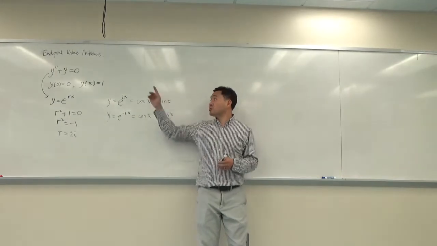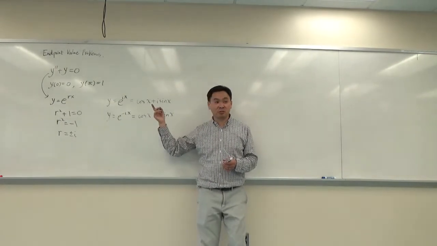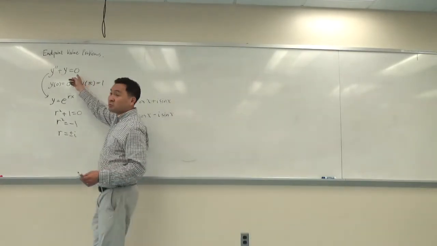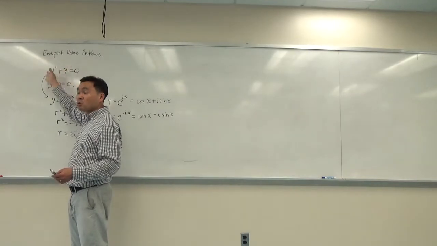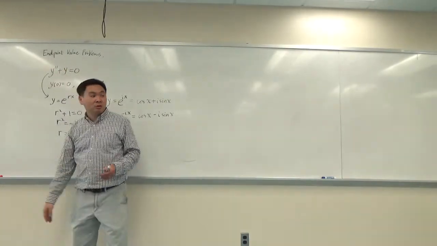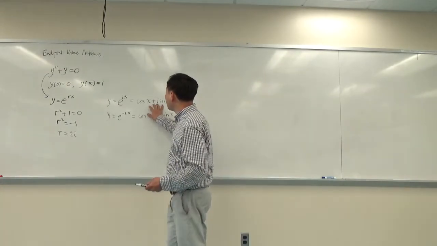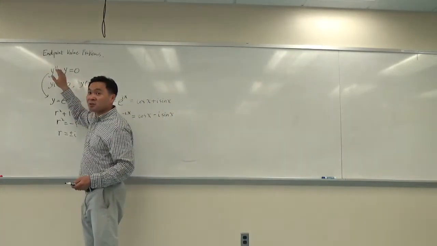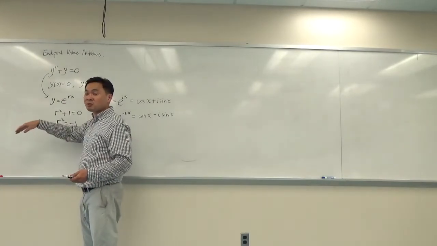Now, because the differential equation is a real coefficient differential equation, the numbers appearing in it are only real values, right? So what we can do is pretend that we plug this in, but then only take the real part of it. If you just take the real part, then what do we get?